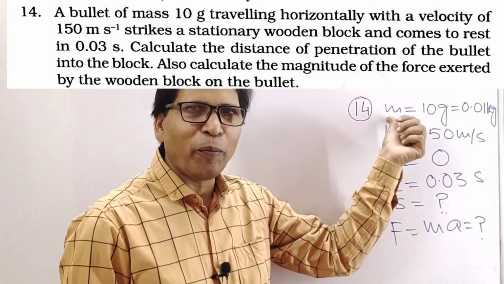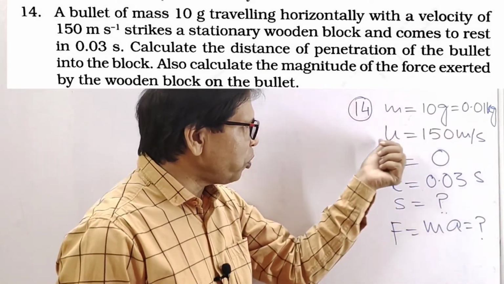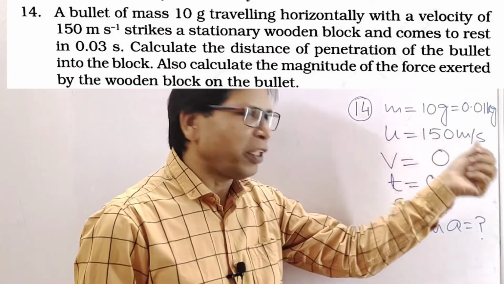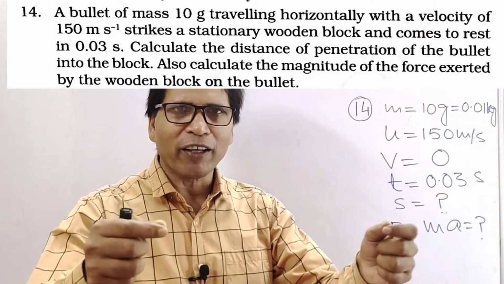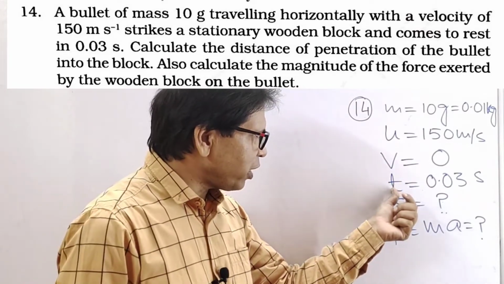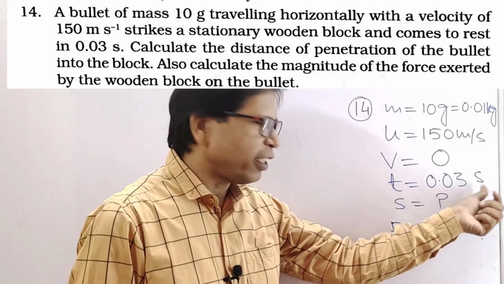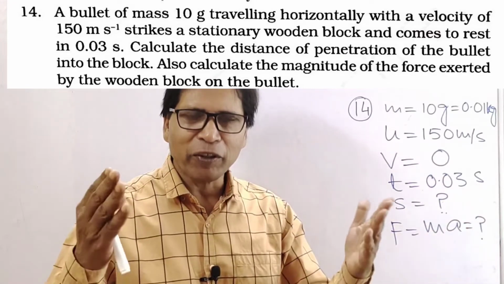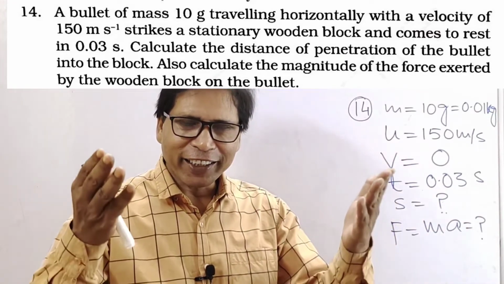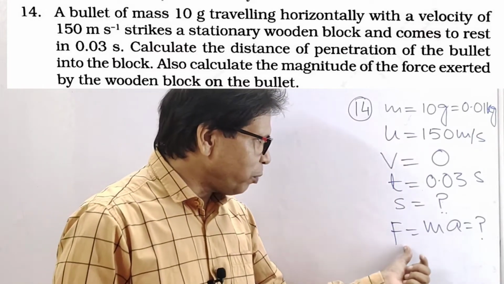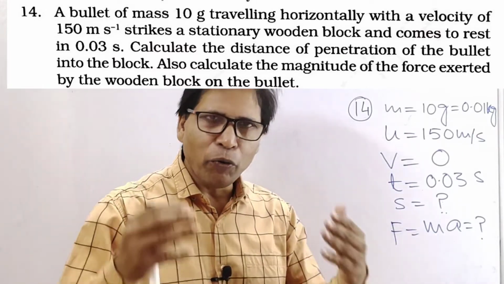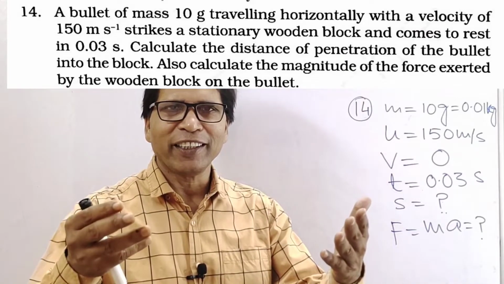A bullet of mass 10 gram moves with velocity 150 meter per second. It strikes a wooden block and comes to rest in 0.03 second. We have to calculate the distance covered in the wooden block and the retarding force acting by the wooden block on the bullet.